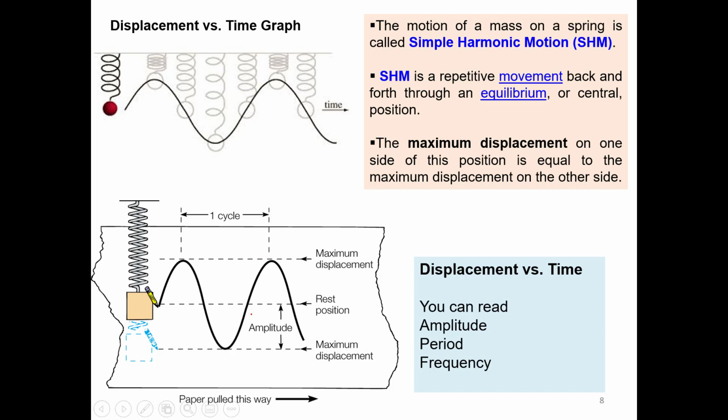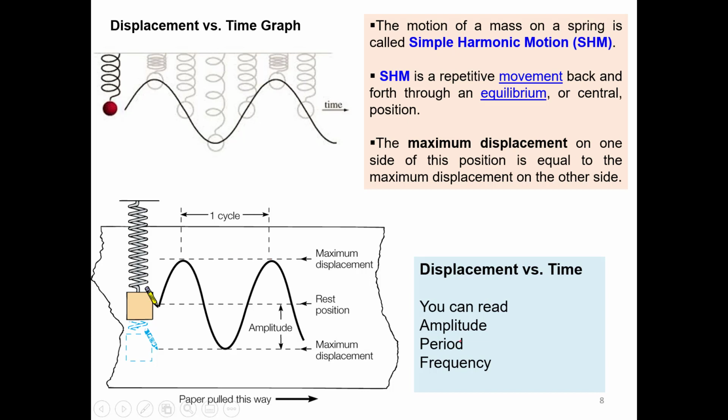Then why are distance versus time graphs important? Because using this graph, you can identify, for example, the amplitude. You can identify also the complete cycles. In this axis we have time, so we are able to identify the time from here. Remember, the time for one complete cycle is the period.